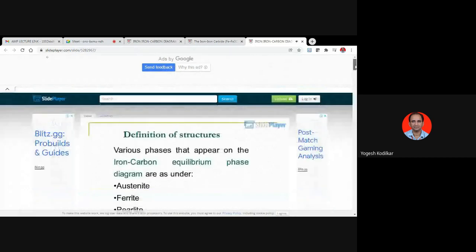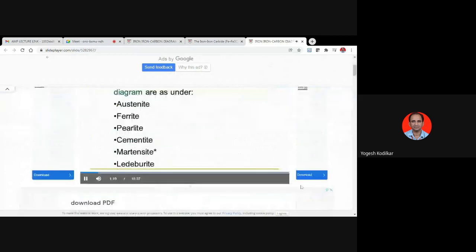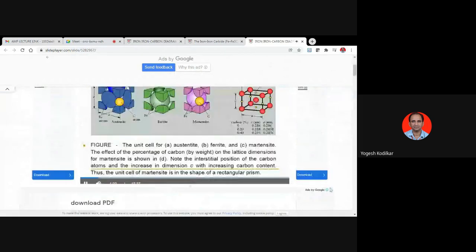Various phases that appear on the iron carbon equilibrium phase diagram are as under: austenite, ferrite, pearlite, cementite, martensite, and ledeburite. Unit cells of various metals: figure the unit cell for A, austenite, B, ferrite, and C, martensite.